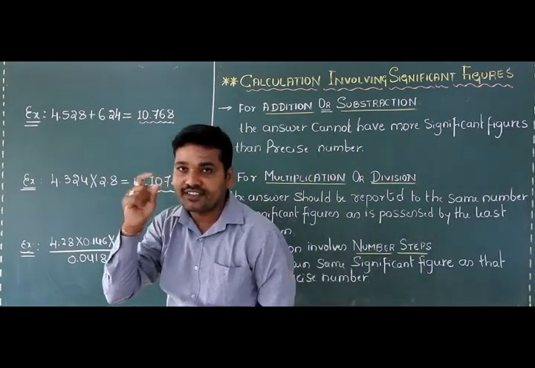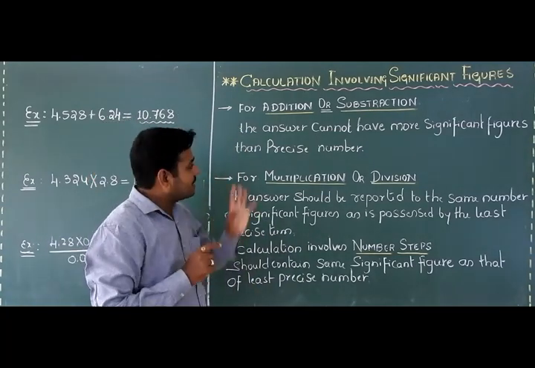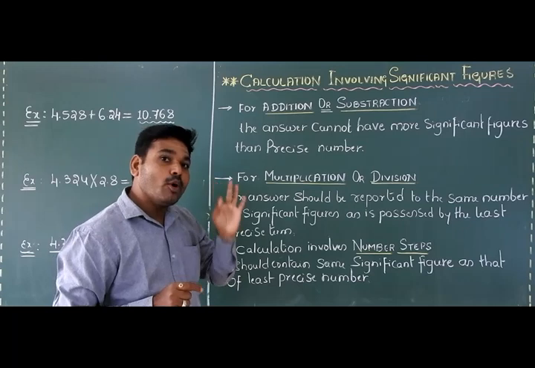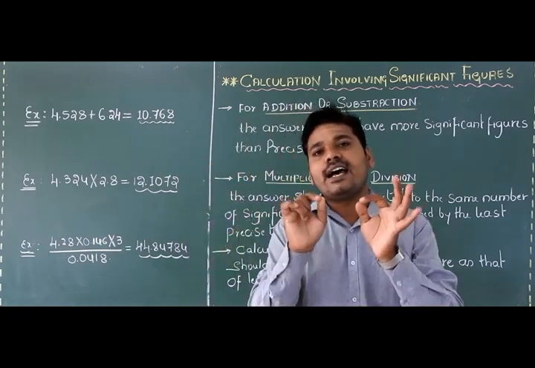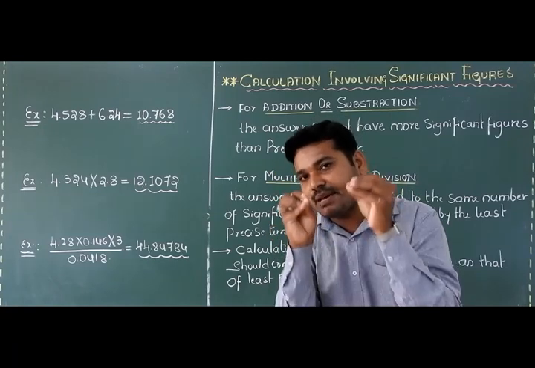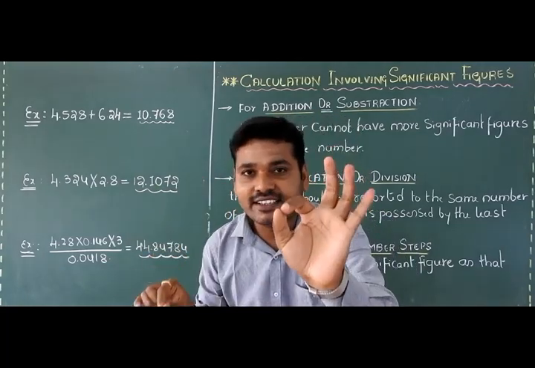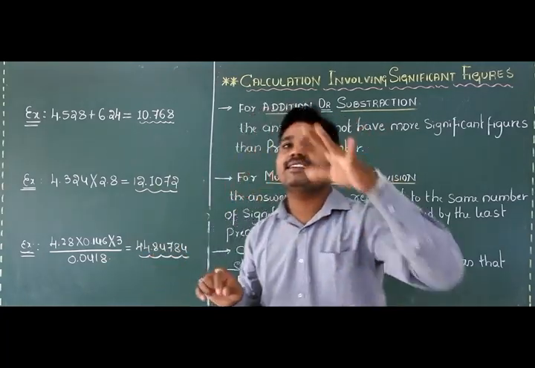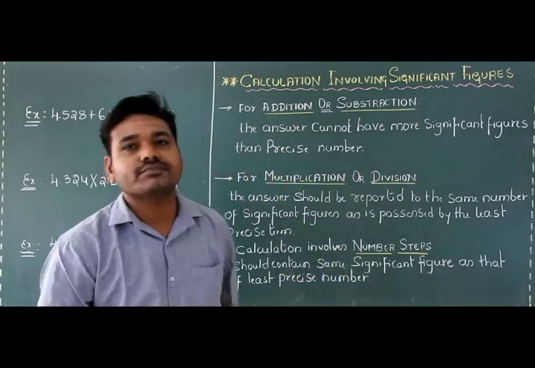Please listen to this first condition carefully. It means the answer should be reported with the same number of decimal places as that of the term with the least decimal places. Students, please remember this condition carefully.